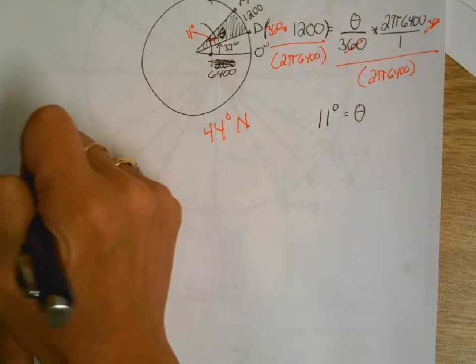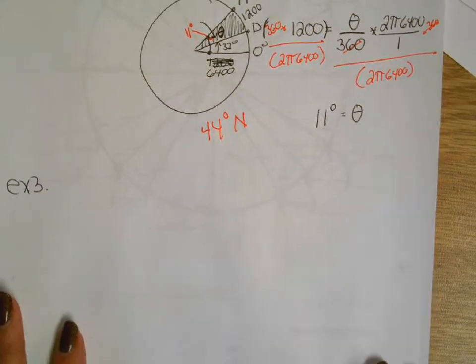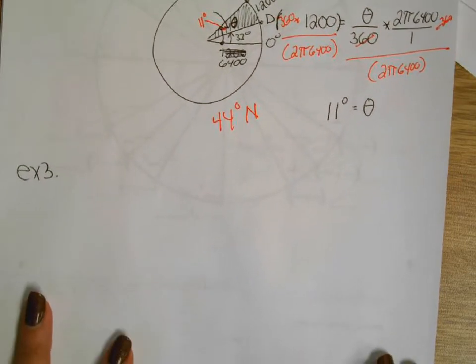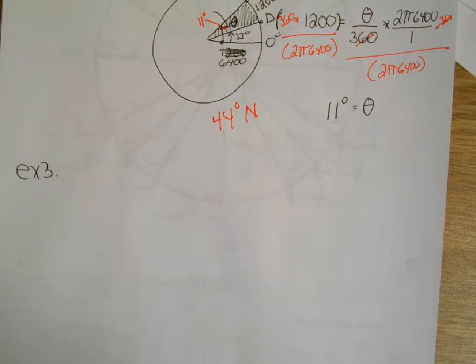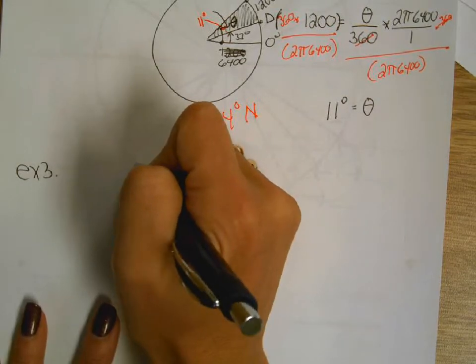Okay, number 3. Okay, we've got a pulley that's like a hoist. You turn the crank and it raises something up off of the ground that you need help with. So we've got this pulley.